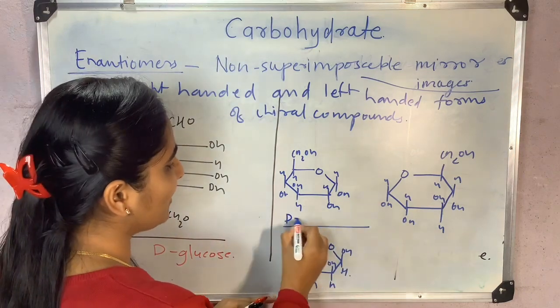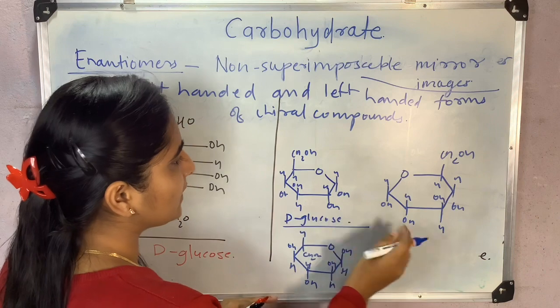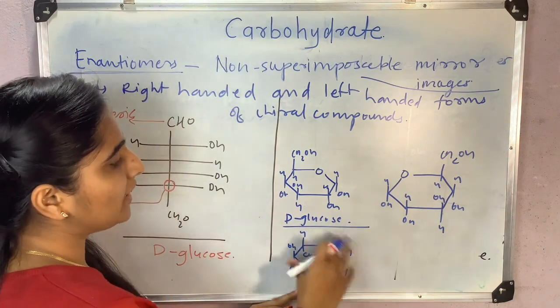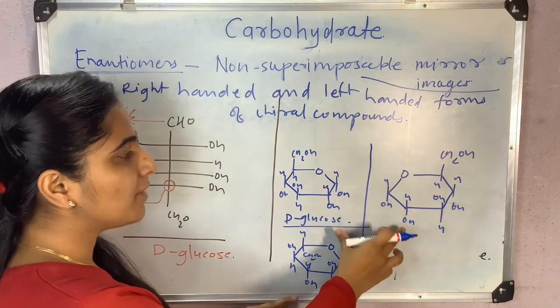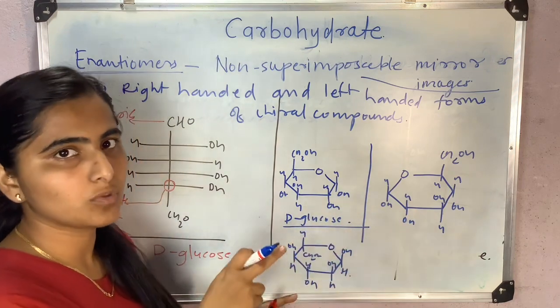Sorry, this is D glucose, and these two are mirror images of D glucose. Therefore, these two are enantiomers as they are mirror images of each other and they are non-superimposable.